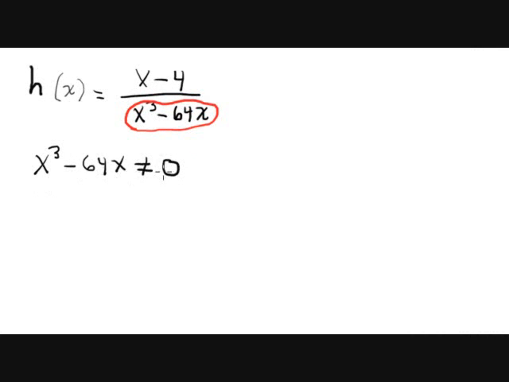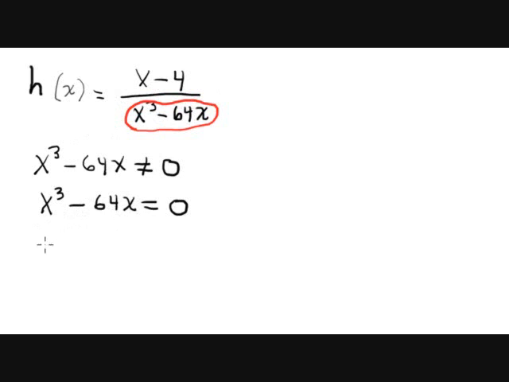I don't like working with this inequality. I find the negation, which is the equation, and solve the equation. Of course, the solutions for the equation are the restrictions for our problem. So the solutions for the equation are the bad guys of the domain of the function.